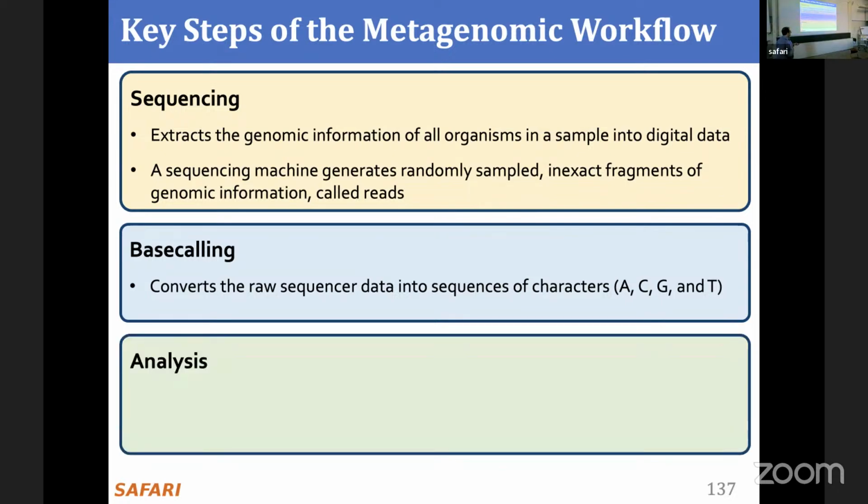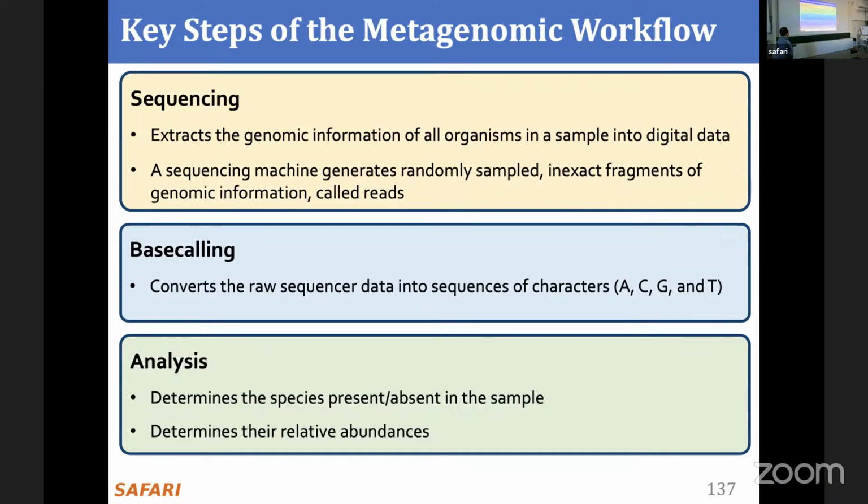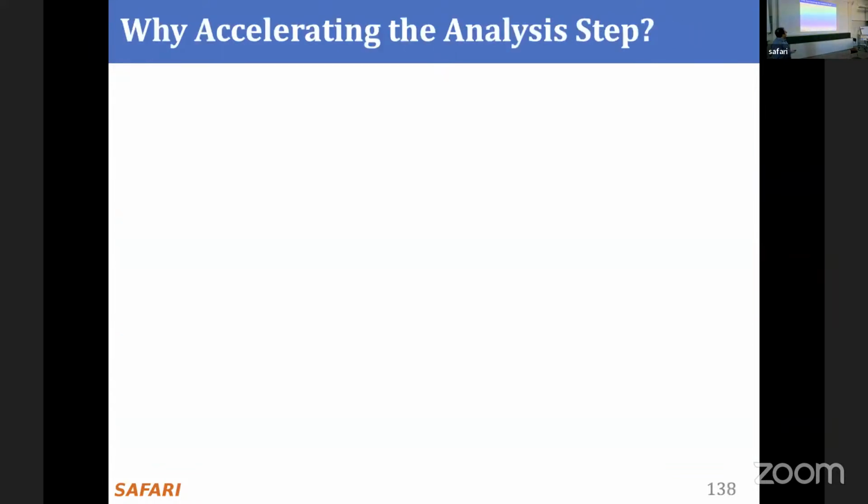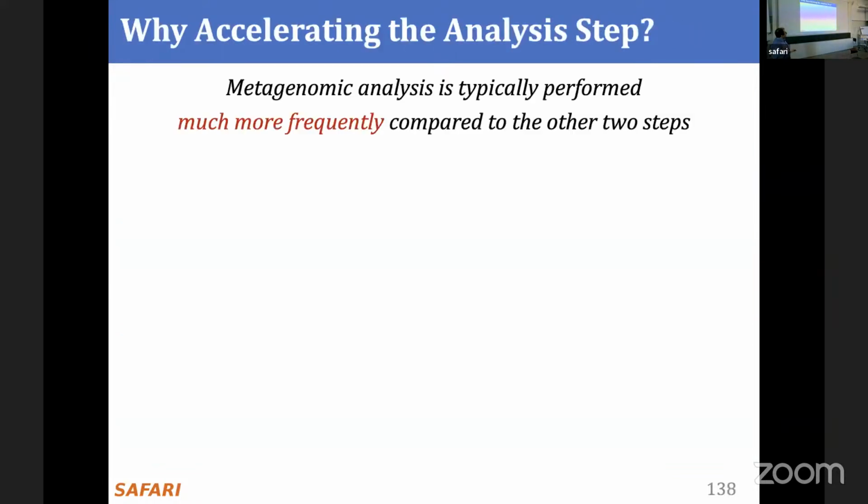And then we need to do analysis for metagenomes. We want to determine the species present and absent in the sample. That's one of the key tasks of metagenomics. And also, we want to determine the relative abundances. So we want to know how many microbes we have in our sample.